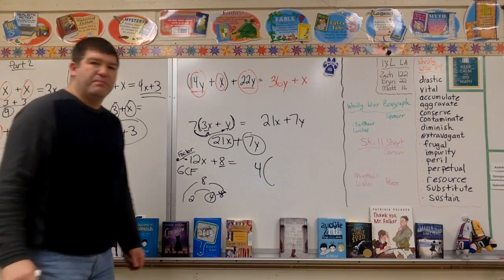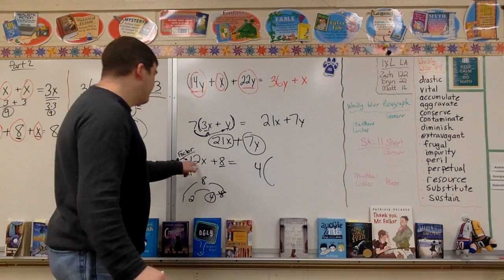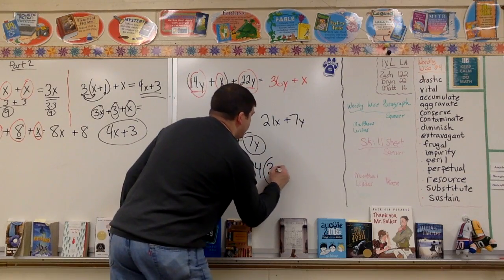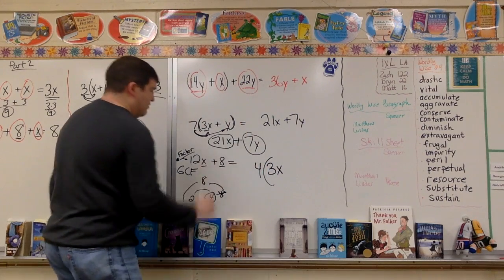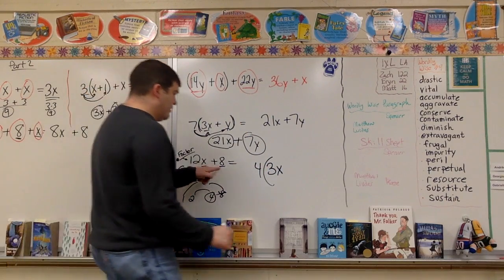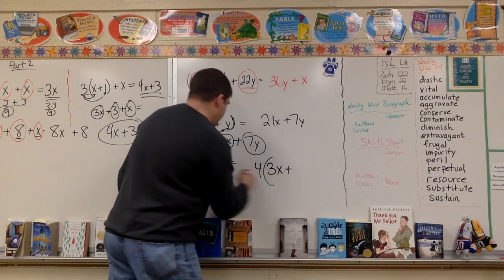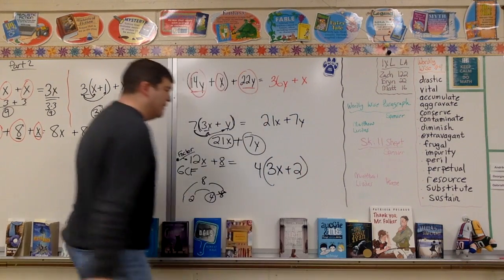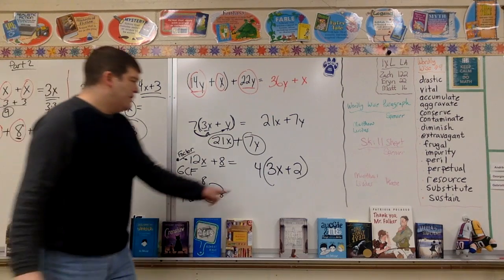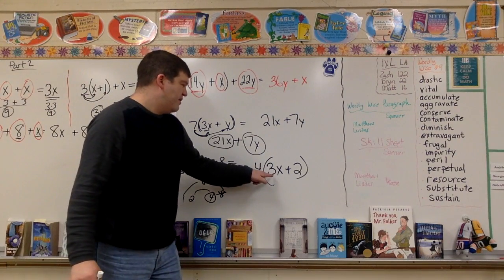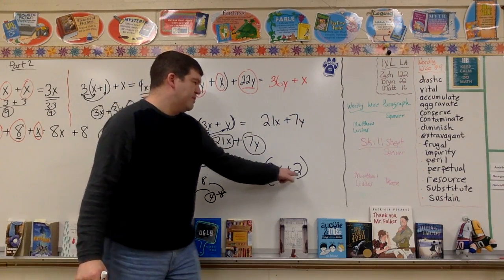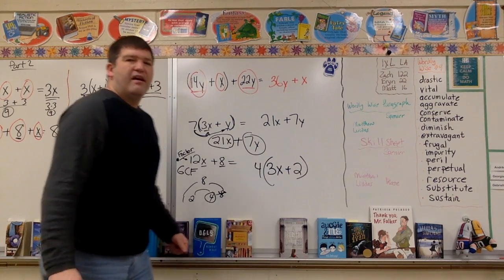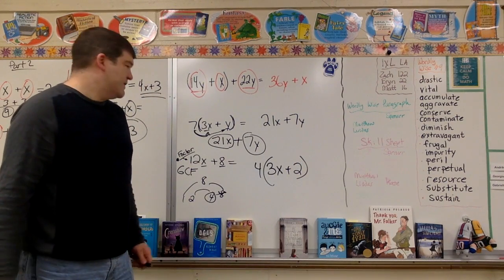That's going to be on the outside of the parentheses. Now, how many times does 4 go into 12? 3. The x goes with it. And then how many times does 4 go into 8? 2 times. Okay? And you get 4 parentheses, 3x plus 2 and parentheses. I factored it out. Okay?